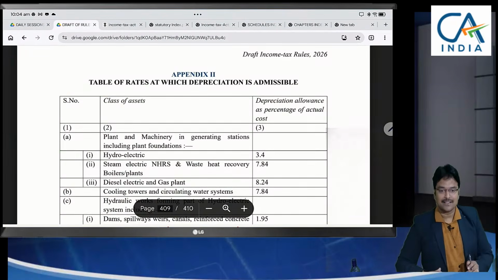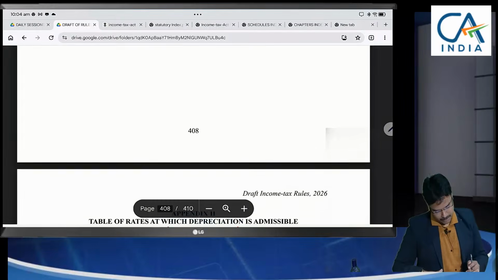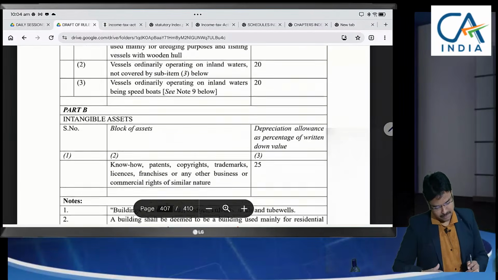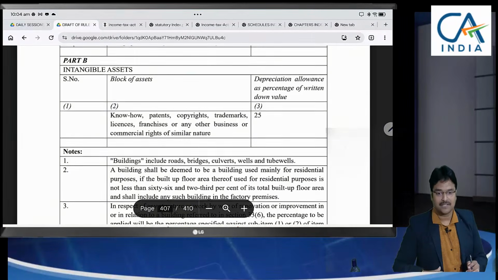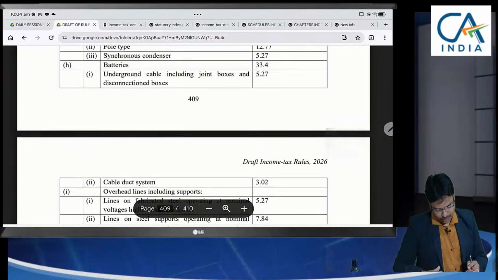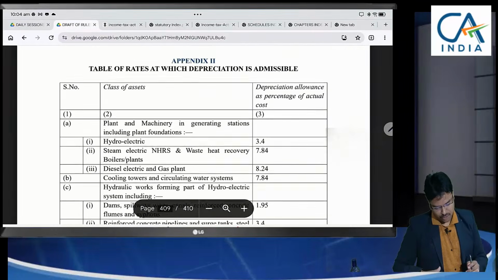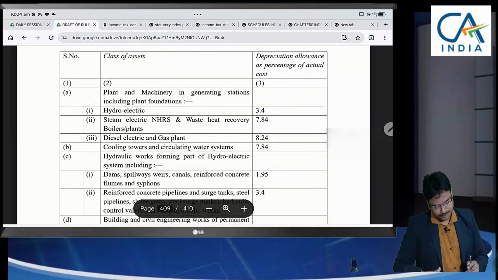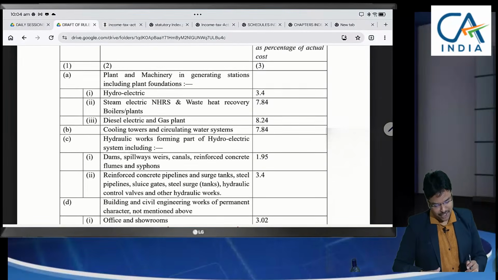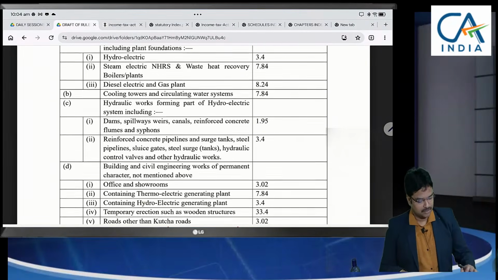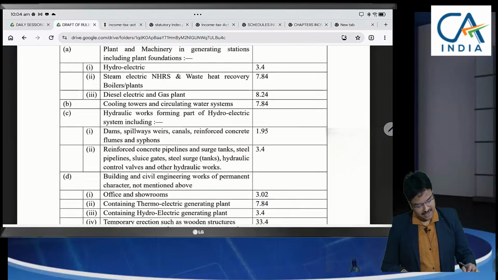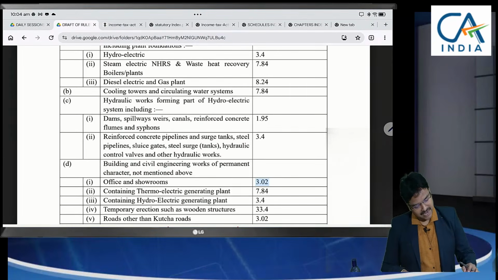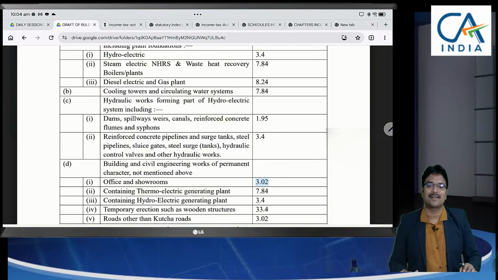If the straight line method is followed, these are the income tax rules. Here, these are the depreciation rates which we have seen. The last page of the rules, page 409, 410: straight line method depreciation rates were given based on the asset type, diesel, electric and gas plant 8.24%.